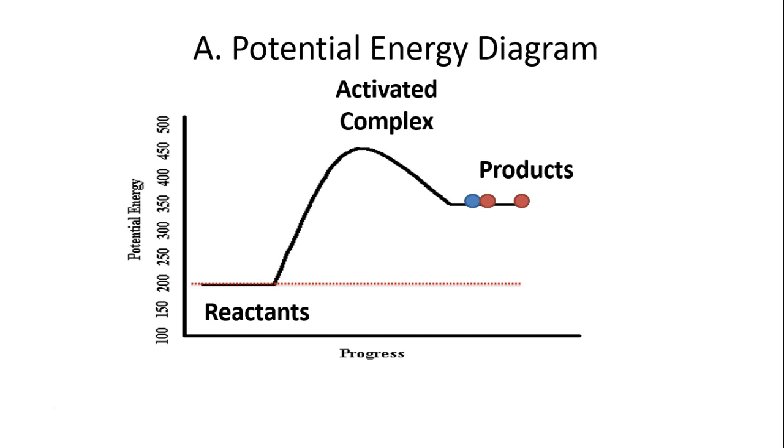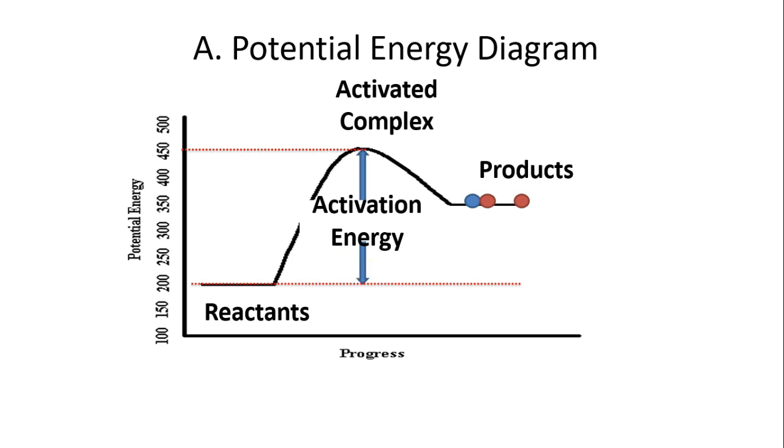We're going to draw a line right here where the reactants are and where the activated complex is. And what this information can tell us is how much energy you need to add to the reactants in order for them to become activated complex. In order for them to change into that activated complex, we add activation energy. So this distance here is called activation energy.